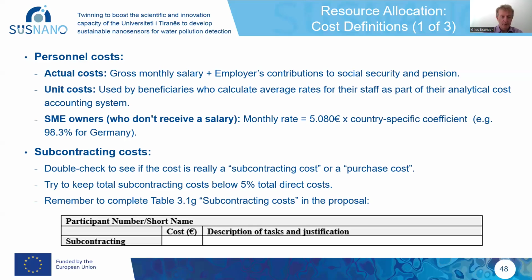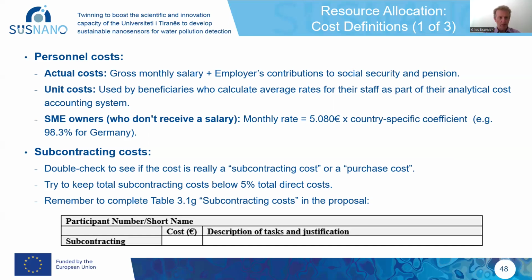In this case, there is a formula that the Commission provides. You have to use a standard monthly rate of 5,080 euros and then multiply it by a country-specific coefficient. So you'd have to go away and look up the Commission's tables for this country coefficient. In the case of Germany, just as an example, the coefficient is 98.3%. So this standard monthly rate will be slightly less than 5,080 euros.